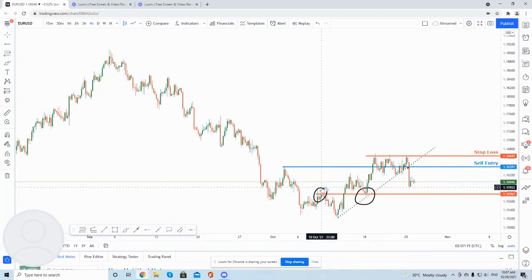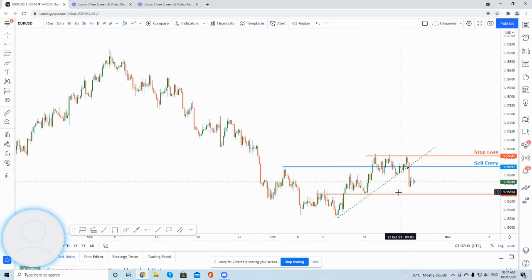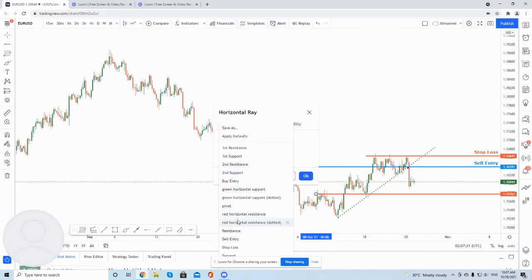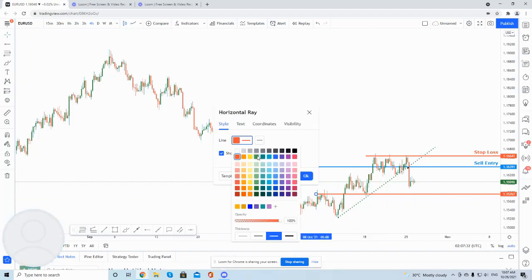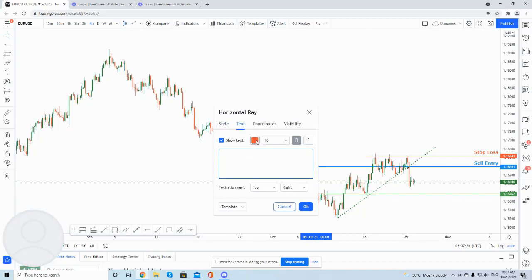So this is a pretty good support level. I'm going to name this my take profit level. You can see that our take profit and stop loss make a pretty good risk reward ratio. Let me put this in green and name it take profit level.